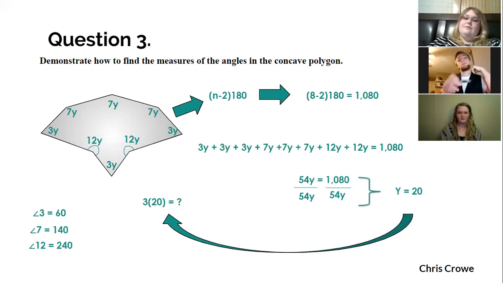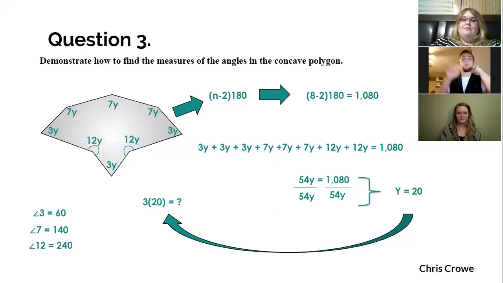So then what we end up doing is we will take all of these angles, the 3y's, the 7y's, and the 12y's, and make them equal to 1080. And then from there, we simply add like terms, and like terms are the numbers with the same variables, which will give us 54y. We're going to equal that to 1080, and then we divide both sides by 54.